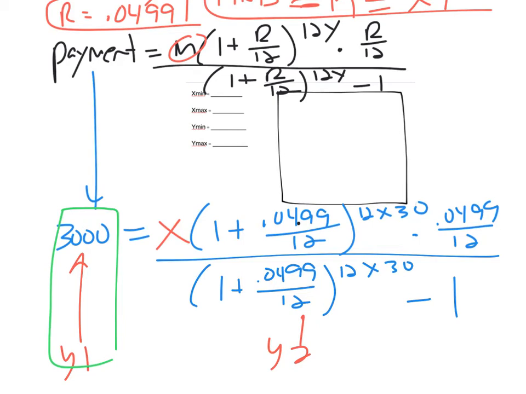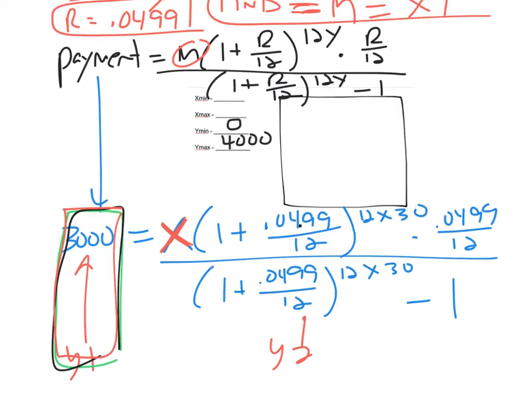what I'll do for my y's is I'll graph from 0 to 4,000 to make sure that that 3,000 fits on the screen. And here, as far as the x goes, we're trying to figure out how expensive of a mortgage, how expensive of a house we can afford with this $3,000 a month payment.